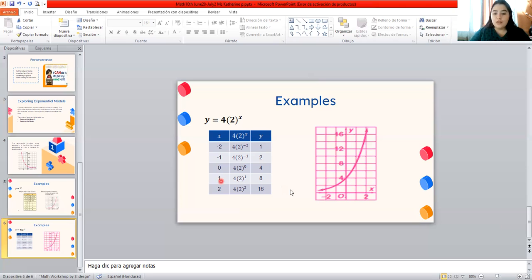Then we have 1 for x here and 8 for y. So that's why we have to make a point here. Then the last one, we have 2 for x here on this line, and we have 16 for y. So up until 16. And then we have to connect all the points to make a smooth line.